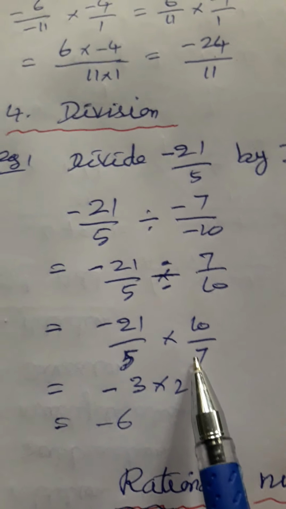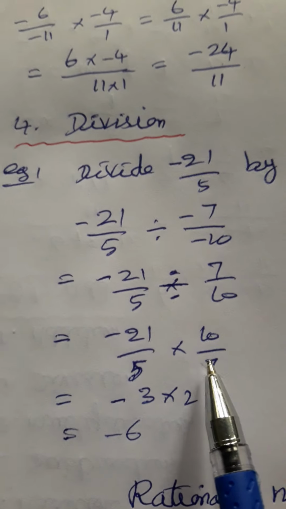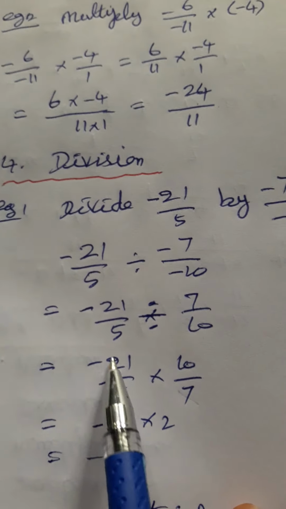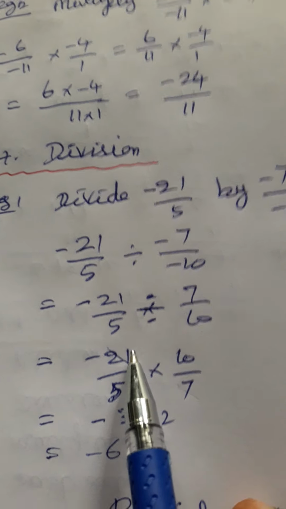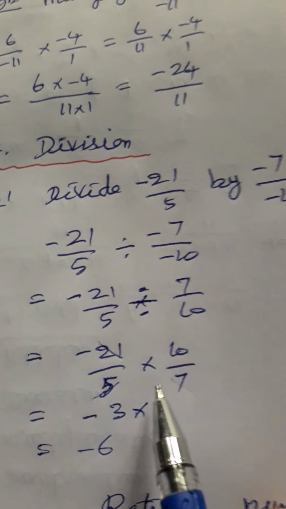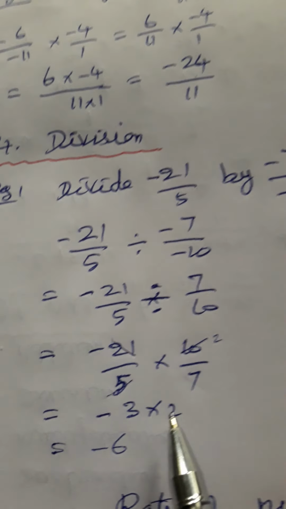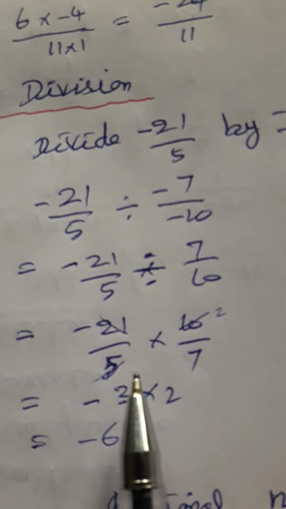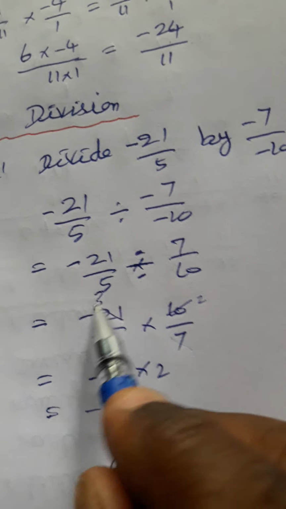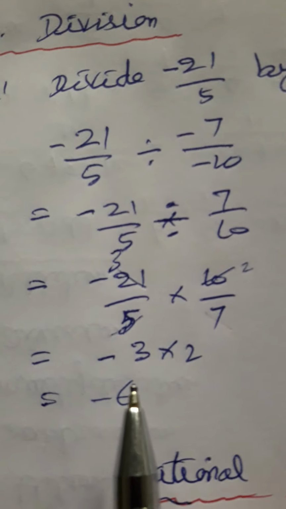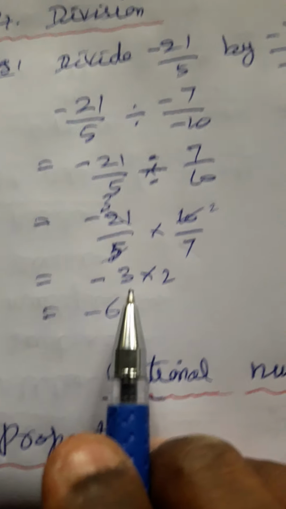So 7 ones are 7, 21 ones are, 3 7s are 21, 5 ones are 5, 2 5s are 10. So we get minus 3 into 2, minus 6. So we get minus 6.